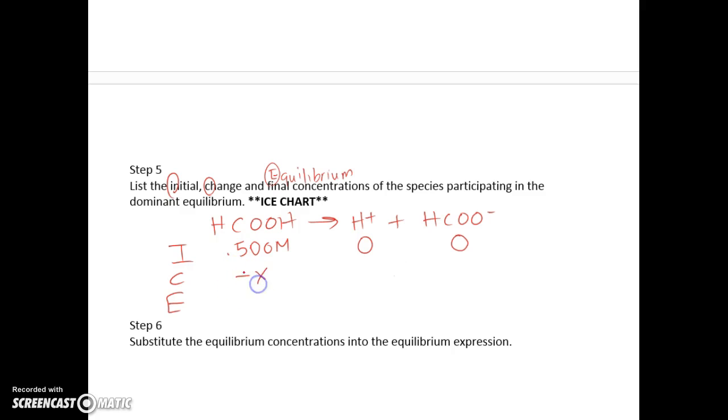So my change, this is going to go down by x. This is going to increase by x. So at equilibrium, I have 0.500 minus x. I'm just following this problem down. And I have 0 plus x, which I can just fill in as x, because 0 plus x would be x.